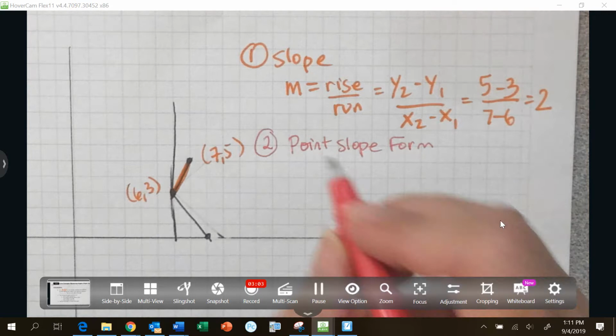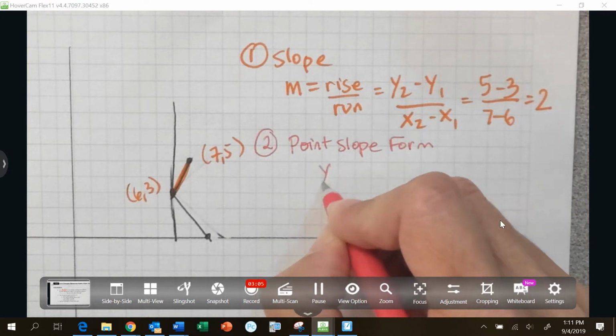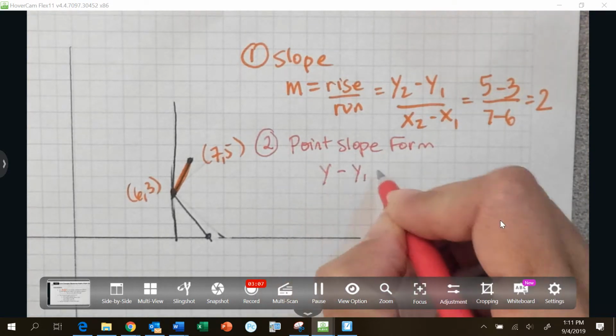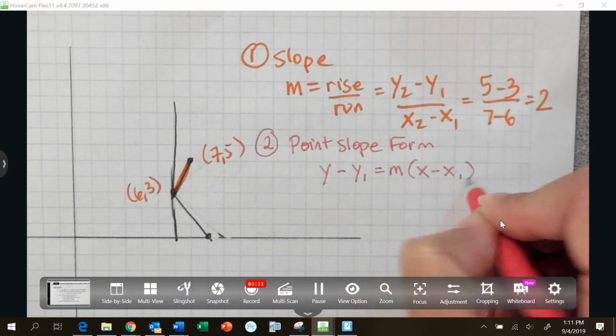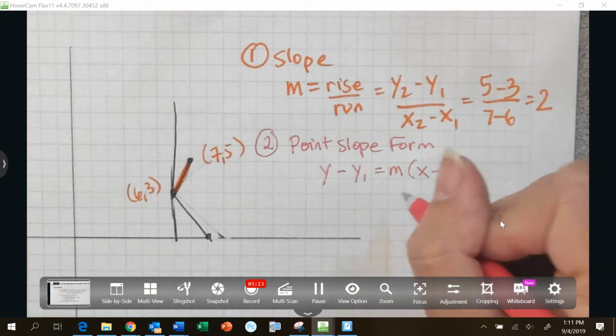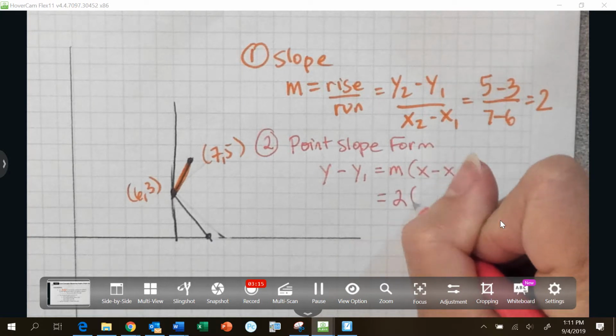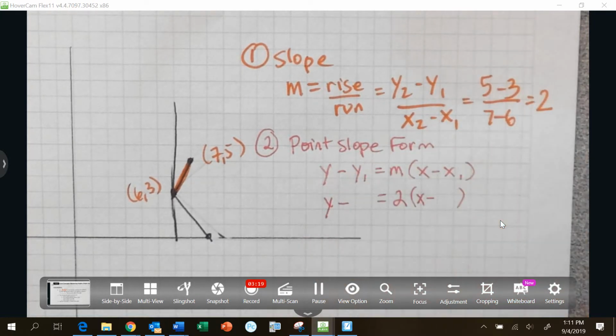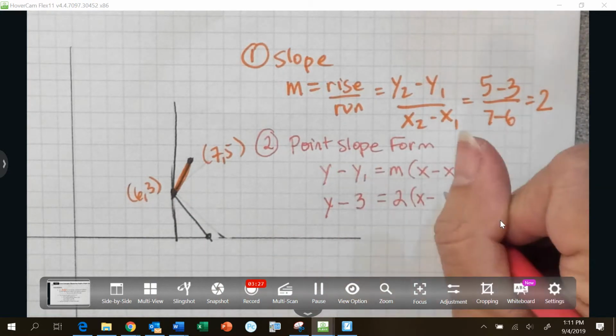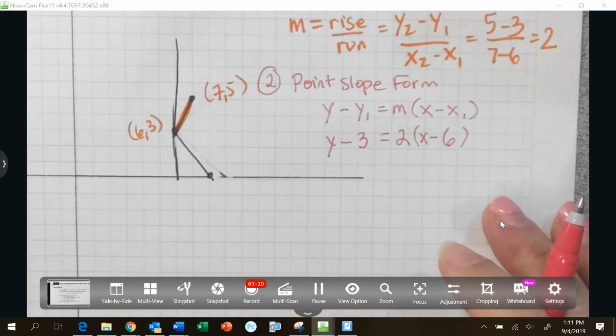Okay. So we're going to do point slope form, which is y minus y1 equals slope times x minus x1. And then we plug in the slope, and we plug in an x and a y. Which x and y doesn't matter. Which x and y should I do? First one, (6, 3). So that means the 3 goes with the y and the 6 goes with the x.